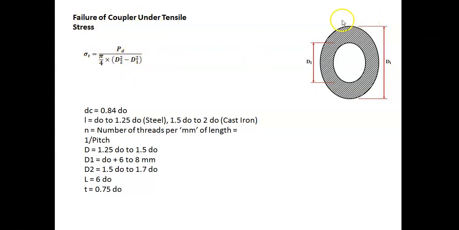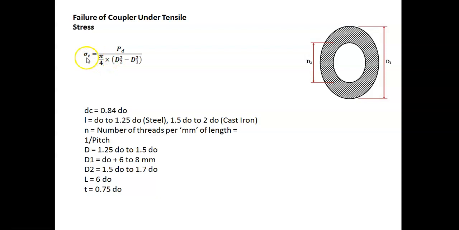The coupler effective area is this ring area, which is the outer circle minus the inner circle. So pi by 4 into d2 square minus do square. This is the effective area. So P upon the effective area is equal to the tensile stress induced.